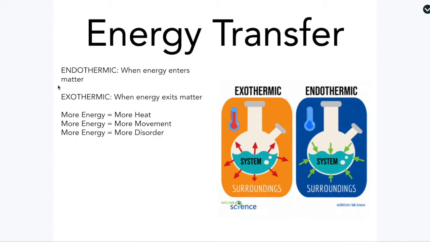So the first is endothermic. And endothermic is when energy enters matter. So think about any time that energy is going into something. And so I have that described right here. And if you are going to have energy going into a system, it is endothermic.